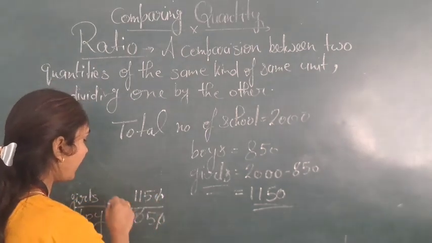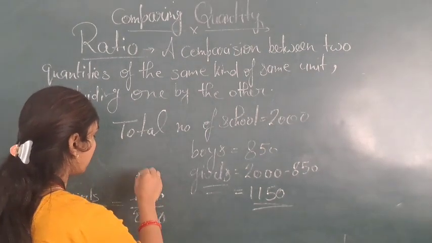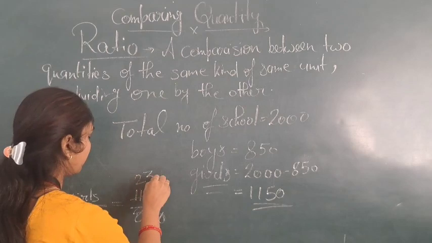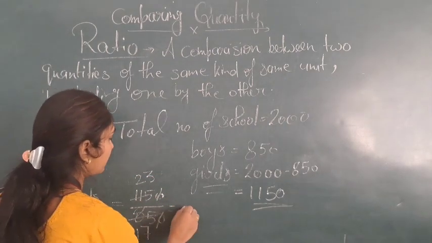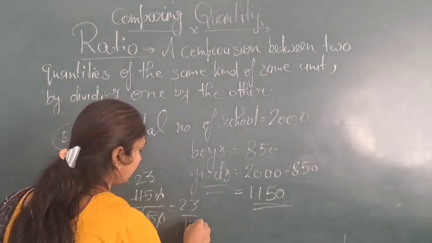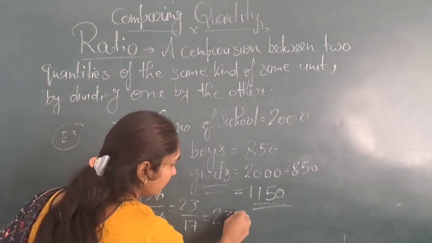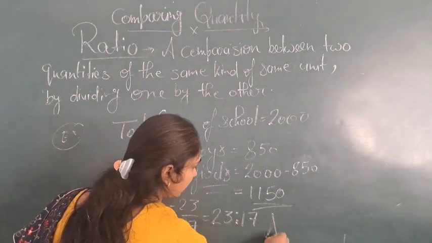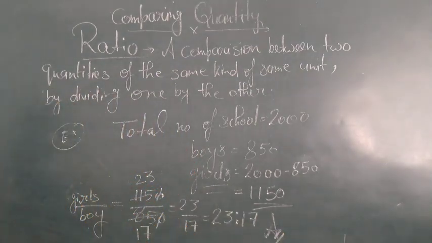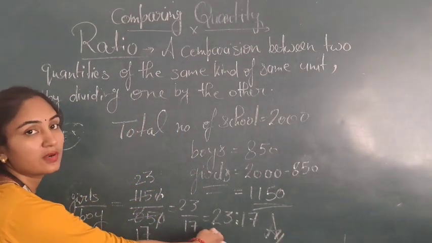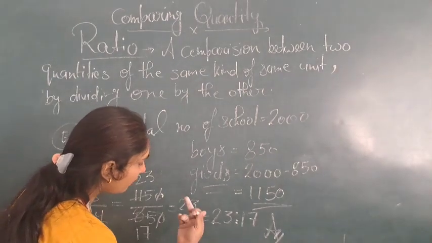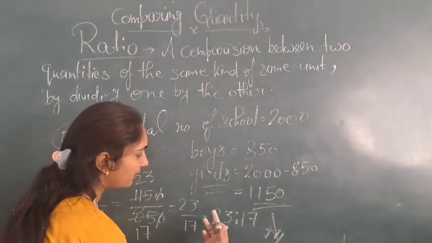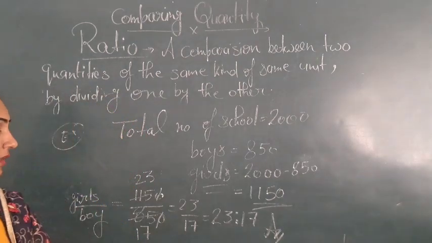We can cut it by 50: 1150 divided by 50 is 23, and 850 divided by 50 is 17. So 23 upon 17, or we can write 23:17. So the fraction form is called a ratio. When we divide one quantity by the other, we can write it in the form of a ratio.